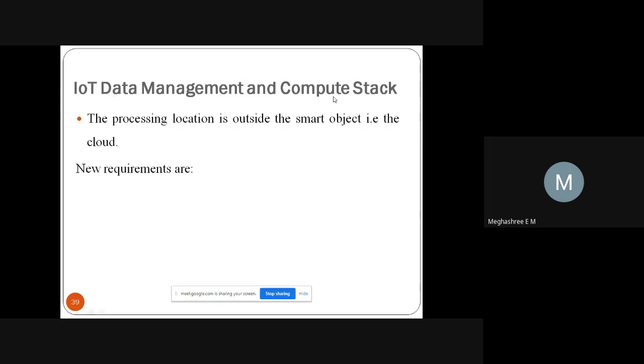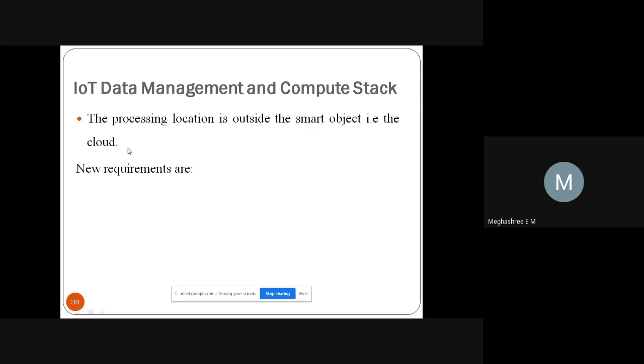The IoT data management and compute stack. As the name says, this part of the architecture is all about data management and computation, that means processing, right? When a smart object, that is things or the sensors or the objects connected to the IoT, collects the data, the processing location will be the cloud, right? The data will be processed in the cloud, and then decisions will be taken.